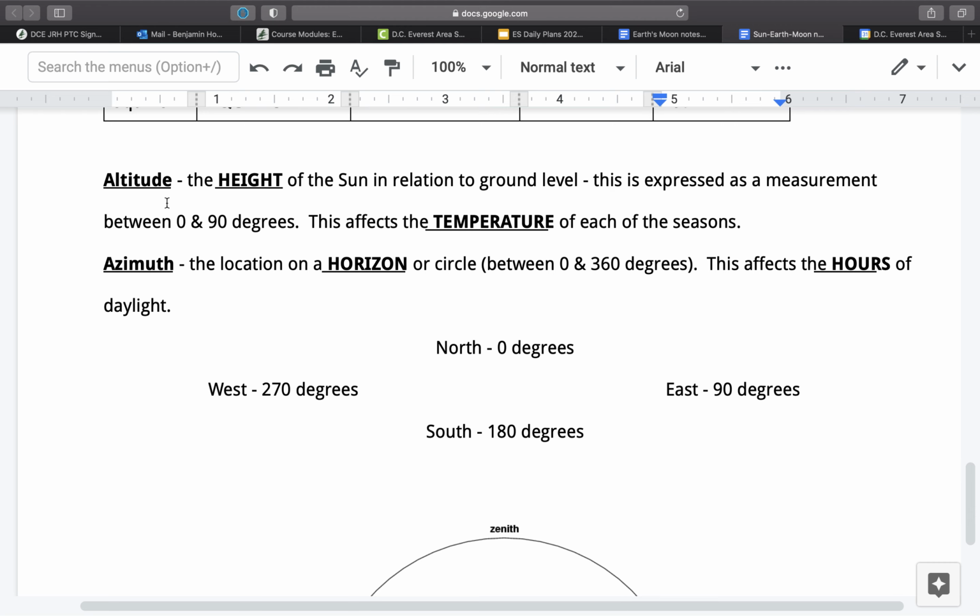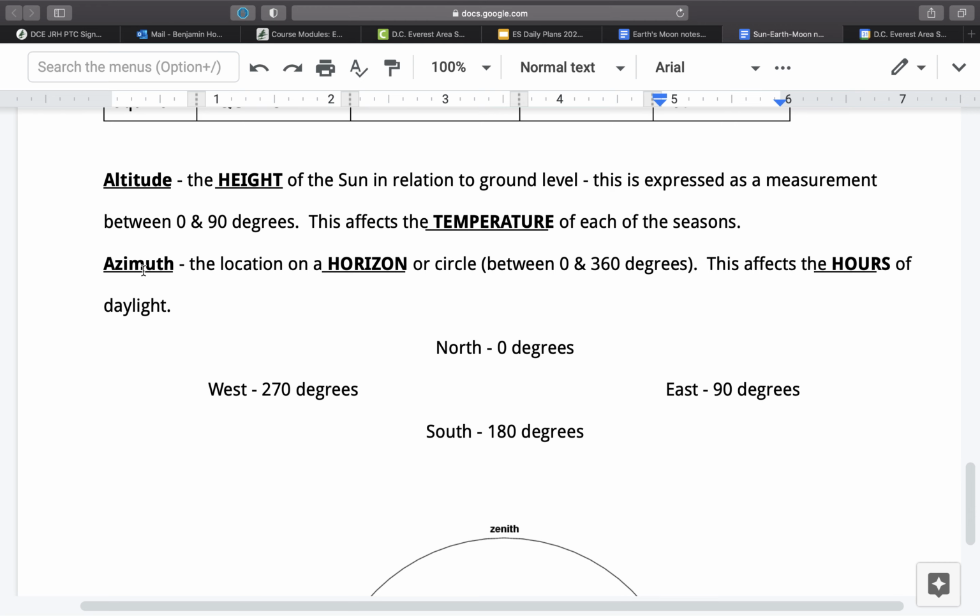So solar altitude is talking about basically how high or how low in the sky is the sun. This height, the number of degrees, affects your overall temperatures. So here I'm talking about degrees in terms of an angle. Here I'm talking about temperature in terms of degrees Fahrenheit or degrees Celsius.